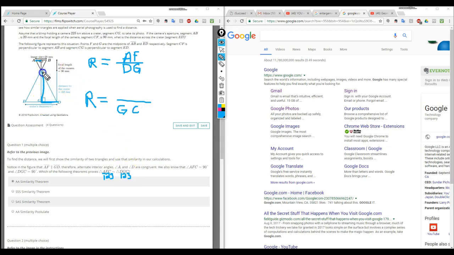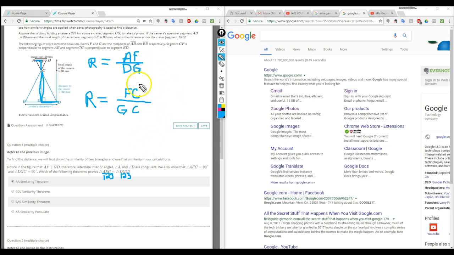So G to C. And in the triangle AFC, our second vertex is F, third vertex is C. So the segment would be F to C. We're talking about side lengths, the length between those vertexes. We're not talking about the vertexes themselves. They are helping us order corresponding sides. So since those two ratios are congruent, we can set the ratio of AF over DG equal to the ratio of FC over DC.